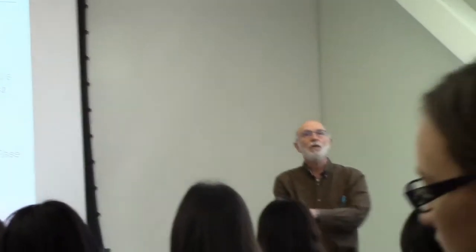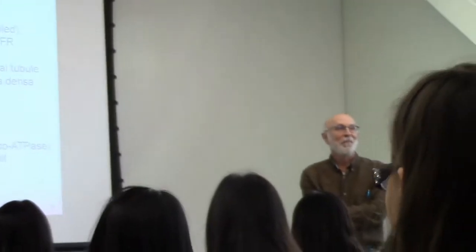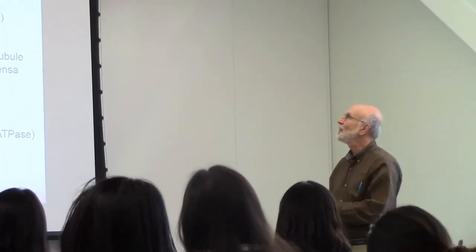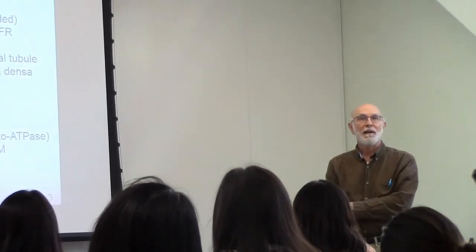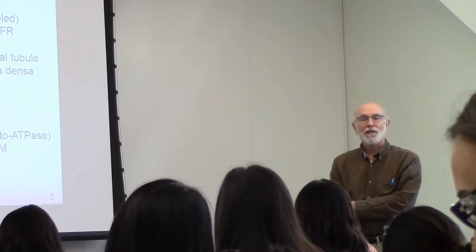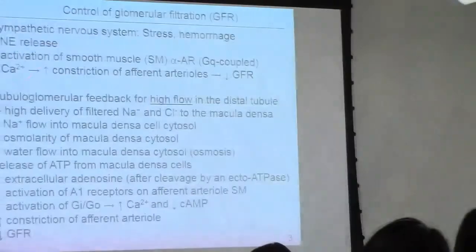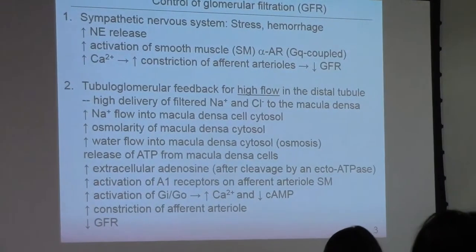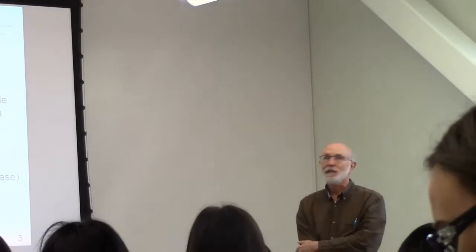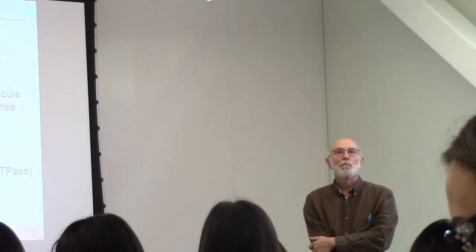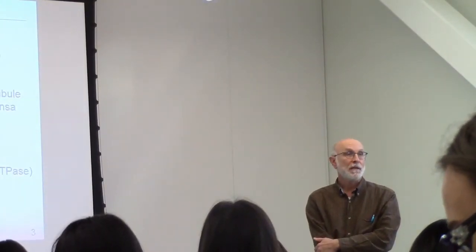Having just said Gq, I think I am now allowed to ask you a Gq question on an exam: tell me the story of Gq. Why does activation of a Gq coupled alpha adrenergic receptor on afferent arteriolar smooth muscle lead to constriction of the afferent arterioles? I've collapsed it into one set of characters: increase in calcium. Where? In the cytoplasm of this smooth muscle.